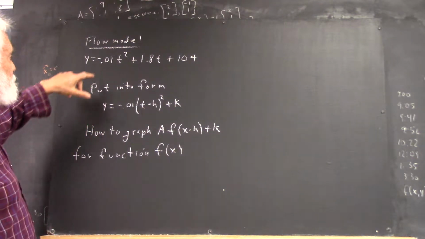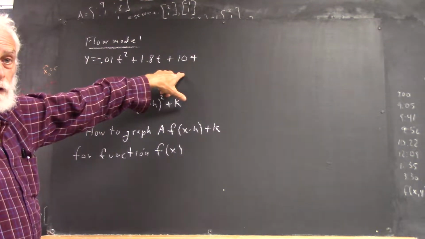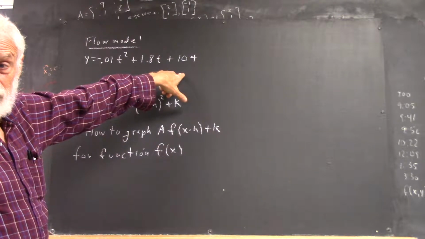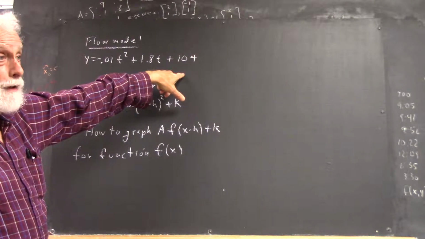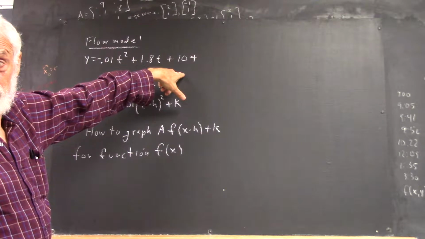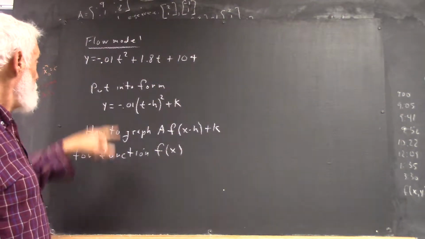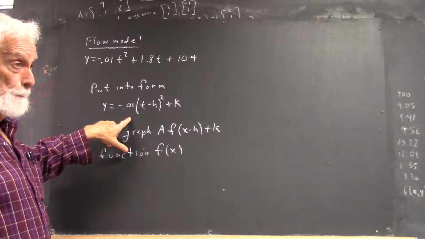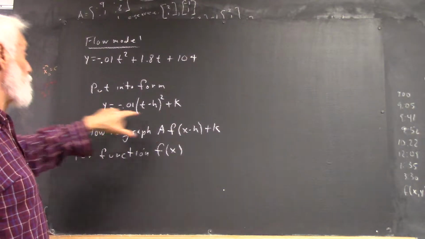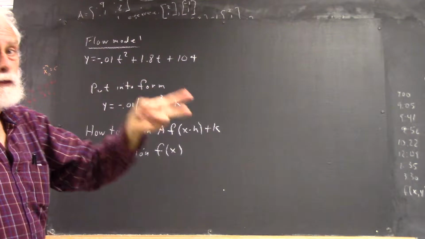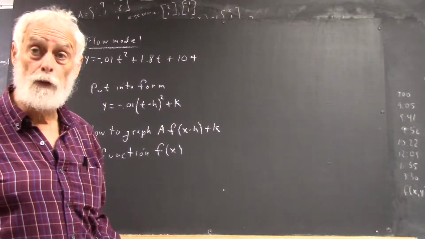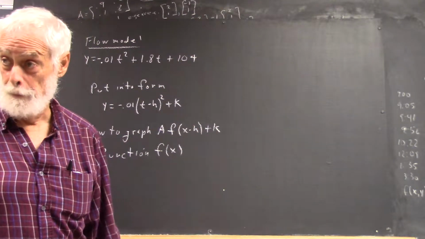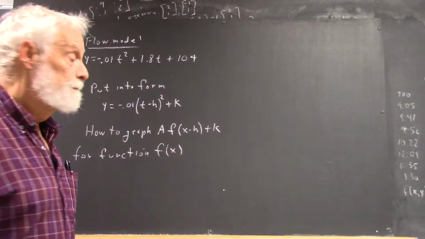Okay, so to graph this function, we don't graph it by plotting a lot of points. We graph it by putting it into this form. It goes into this form by one of two methods. One involves the quadratic formula, one involves completing the square.